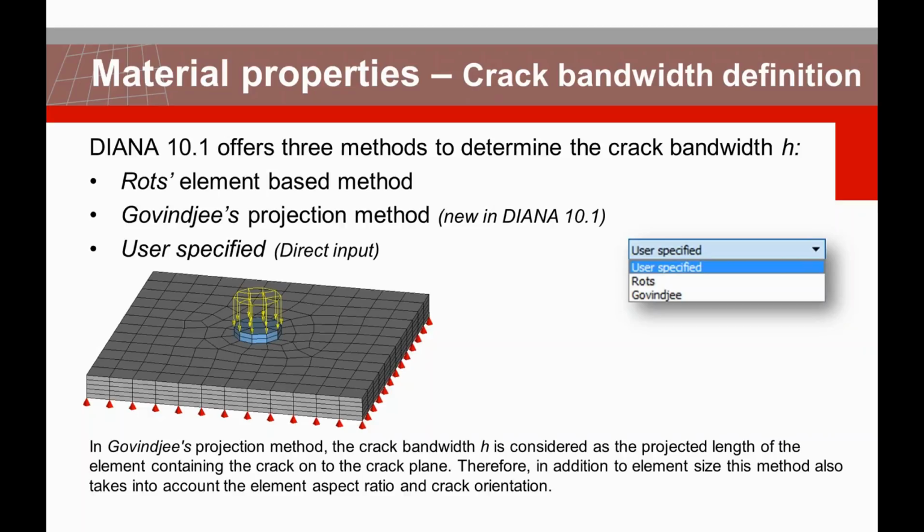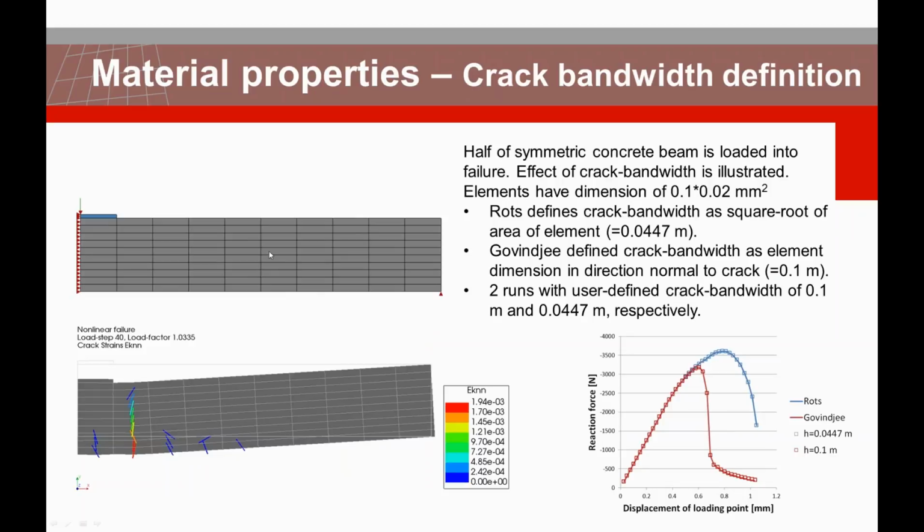Long story short, if you have elements with some aspect ratio, so here you can see the length with respect to depth, if there is some aspect ratio in your model, then it's always better to activate this new development with the projection length in the analysis, so your results will be more accurate with respect to capturing the energy which is available in the element.